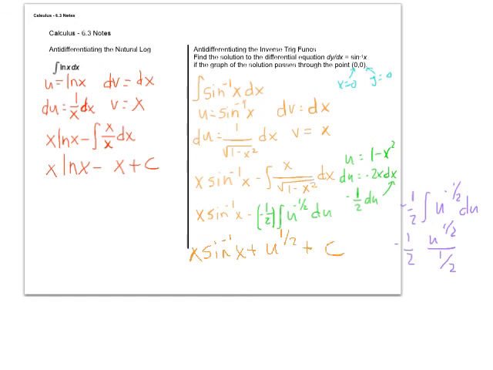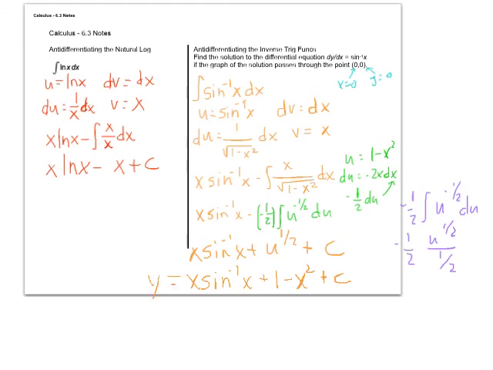And what was my u? It's this 1 minus x squared part. And this is what y would equal.